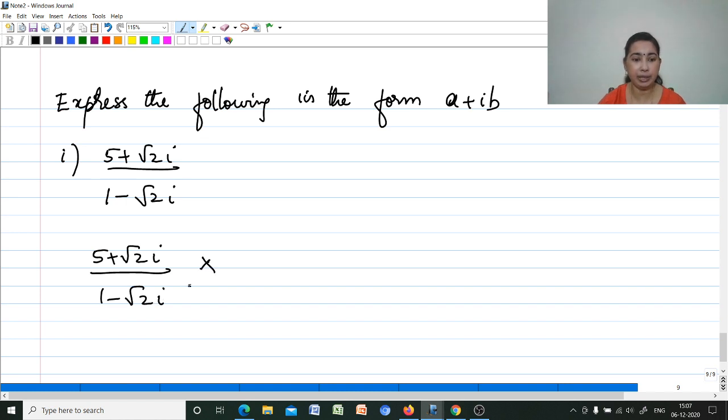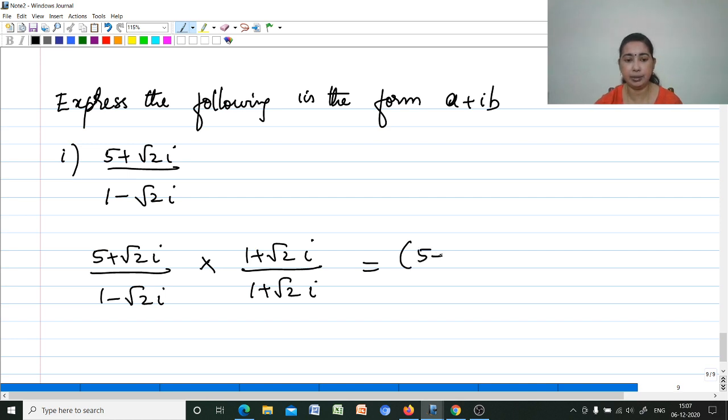We have to multiply by the conjugate. What is the conjugate of the denominator? It is 1 plus root 2i, so we multiply by 1 plus root 2i divided by 1 plus root 2i. We have to multiply the numerator, 5 plus root 2i into 1 plus root 2i, divided by a plus b into a minus b, which is a square minus b square.